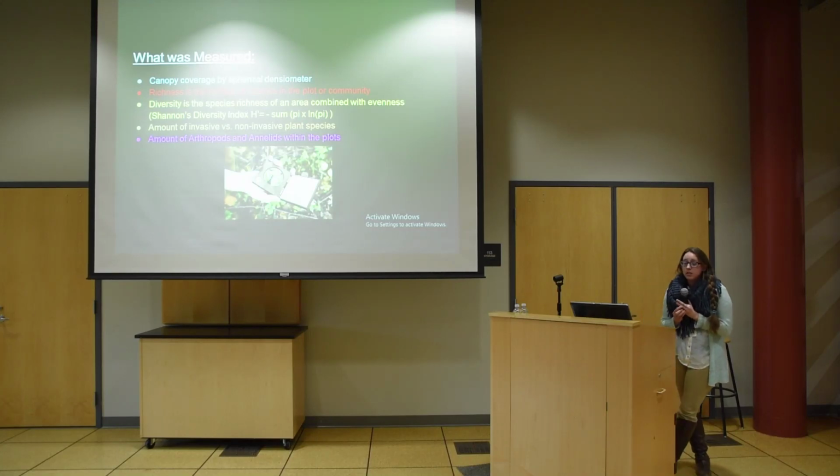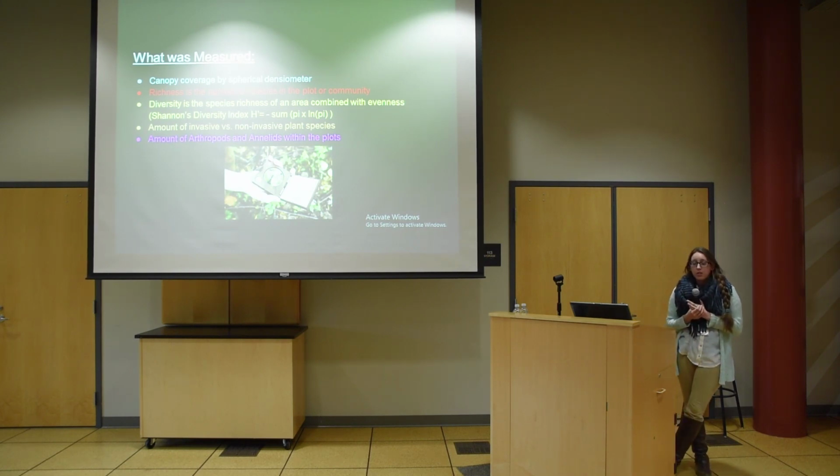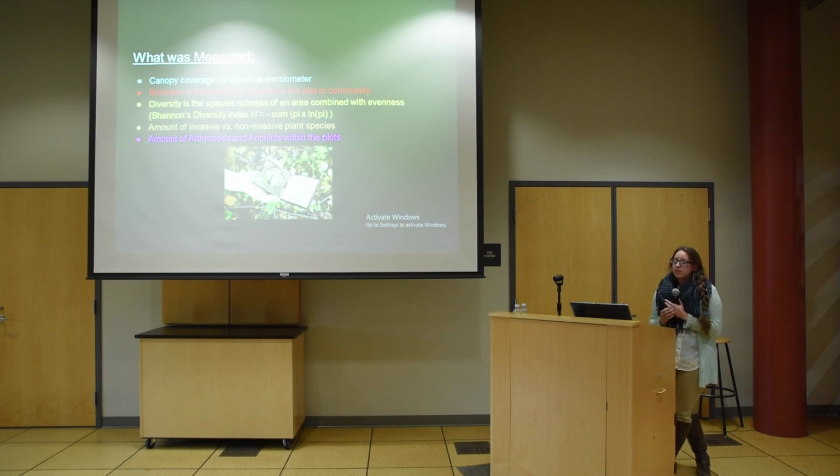Also, richness is the number of species in the plot or community, as well as the diversity, which is species richness combined with evenness. And we looked at that through the Shannon Diversity Index. And also we studied the amount of invasive versus non-native plant species, as well as the arthropods and annelids.